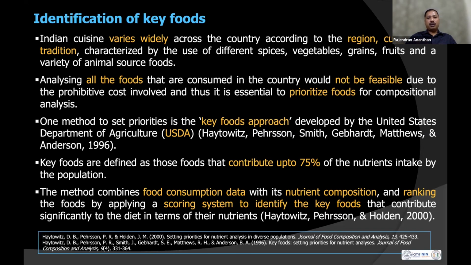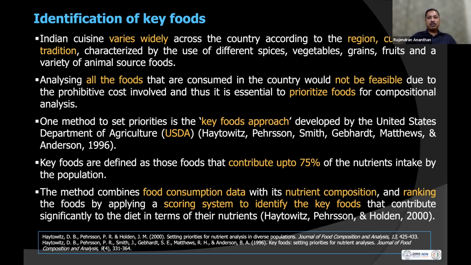The key food is nothing but the food which contributes up to 75% of the nutrient intake for the population. This key food approach combines food consumption data along with nutrient composition, and ranks the foods by applying a scoring system, so we can identify the foods that contribute significantly to the diet in terms of nutrients.